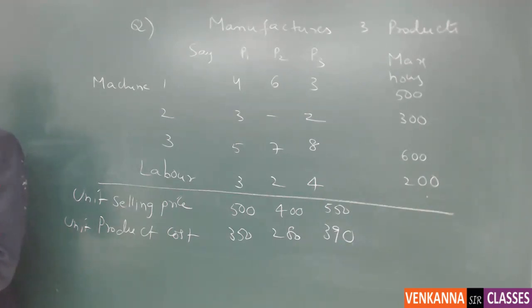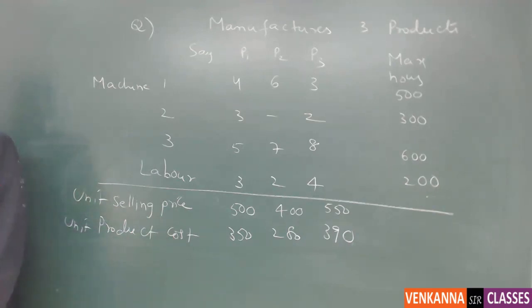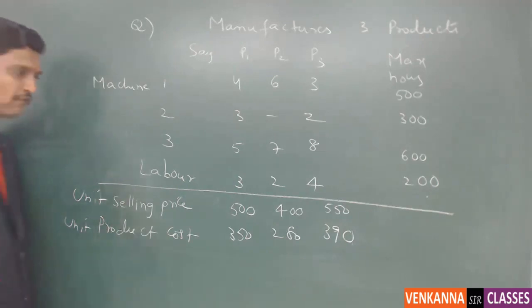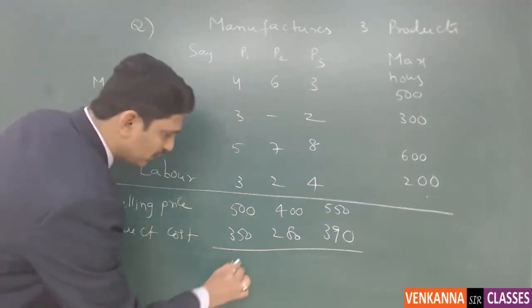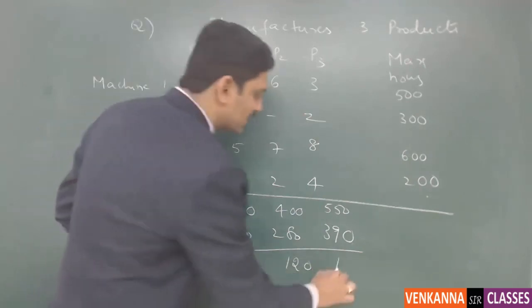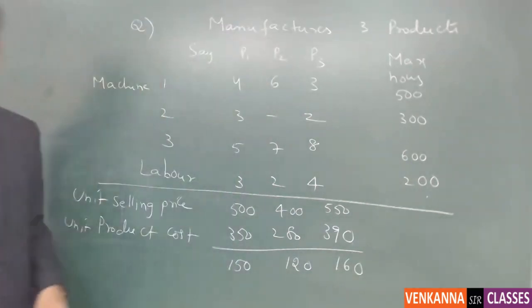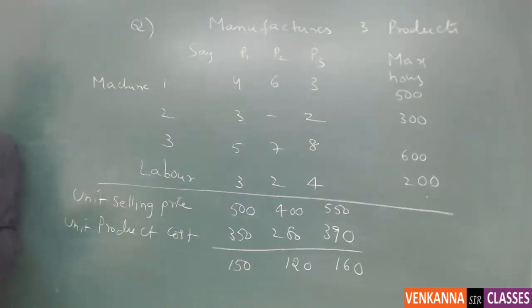Here, apart from profit, he has mentioned for one single unit the selling price and product cost. The difference of these two will give the profit, isn't it? If we extend the table, the difference is 150, here you have 120, here you have 160. So this was the profit. Accepted all?